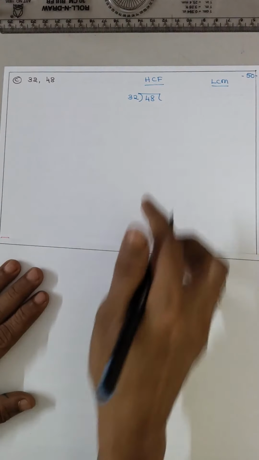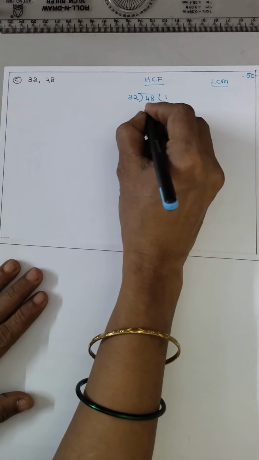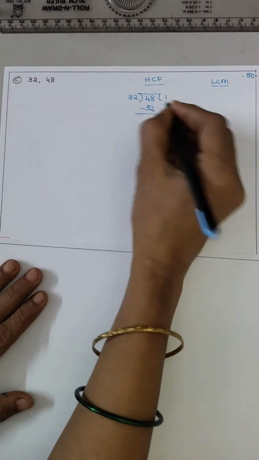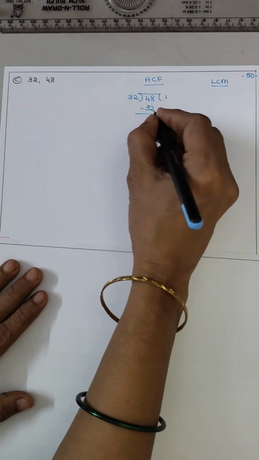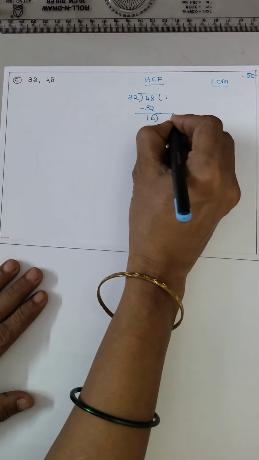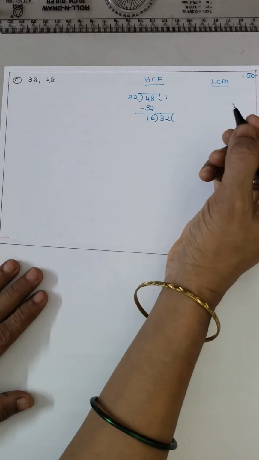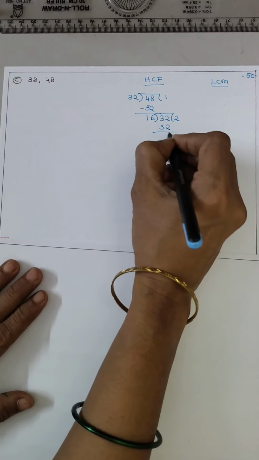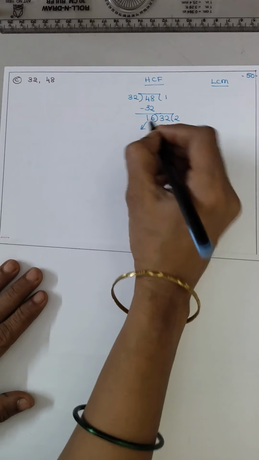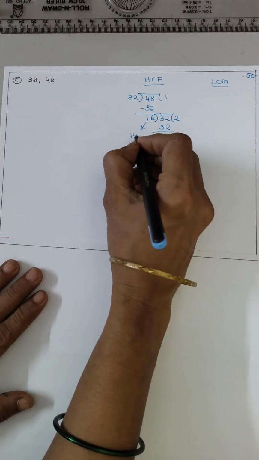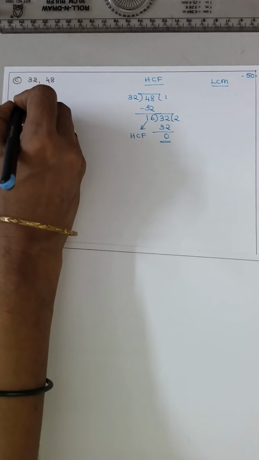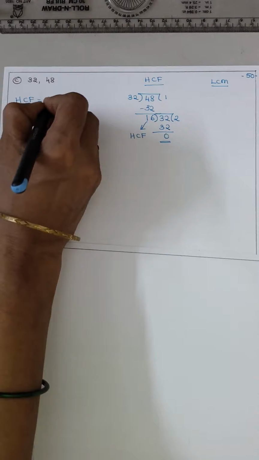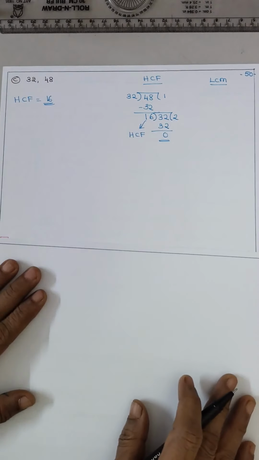Okay, 32 ones are 32, 8 minus 2 is 6, 4 minus 3 is 1. So 32 you take it inside, 16 twos are 32. So what HCF did you get? 16, isn't it? So write here HCF is equal to 16.